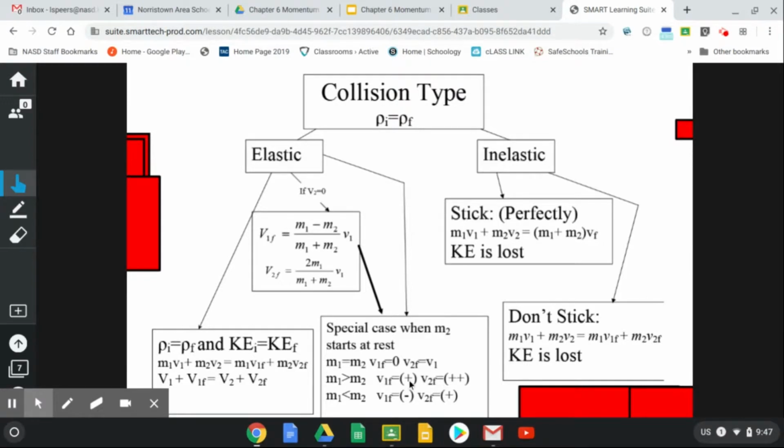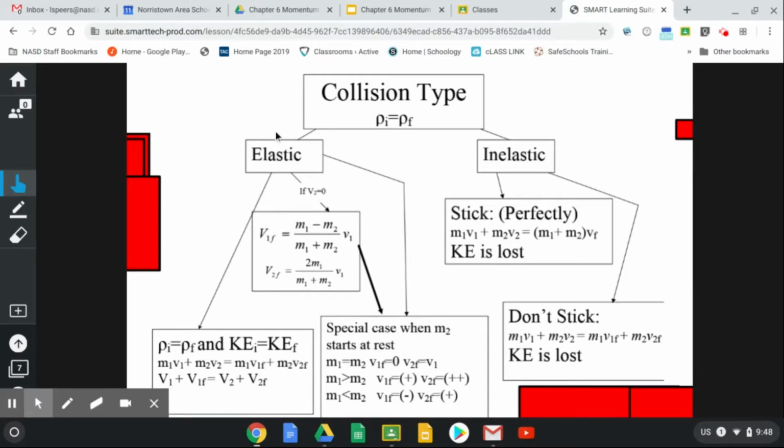The bowling ball slows down a little bit. The bowling pin goes flying off very, very fast. And the final case, where a large object is hit by a small object, the small object bounces off and travels in the opposite direction, and the large object moves in that positive direction, yet at a very slow rate.